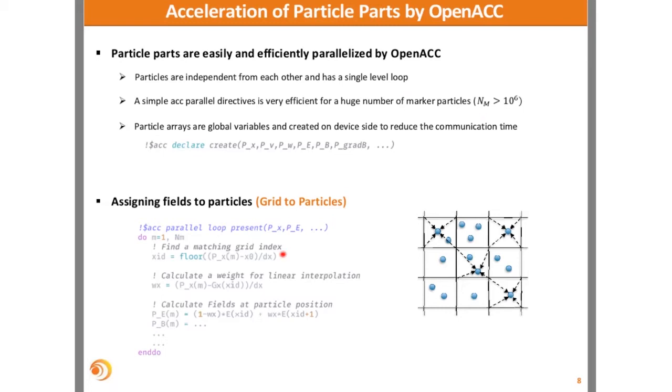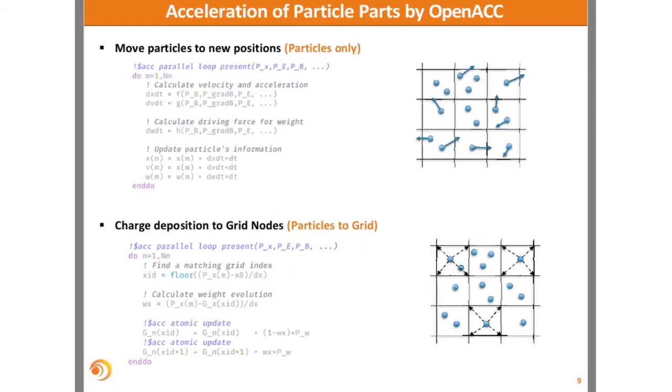So we just find the nearest grid index, interpolate from the grid nodes to each particle, and save some field information at each particle. This is a single level of parallelization. And for updating the particle information, moving and updating, it is the same as the previous.